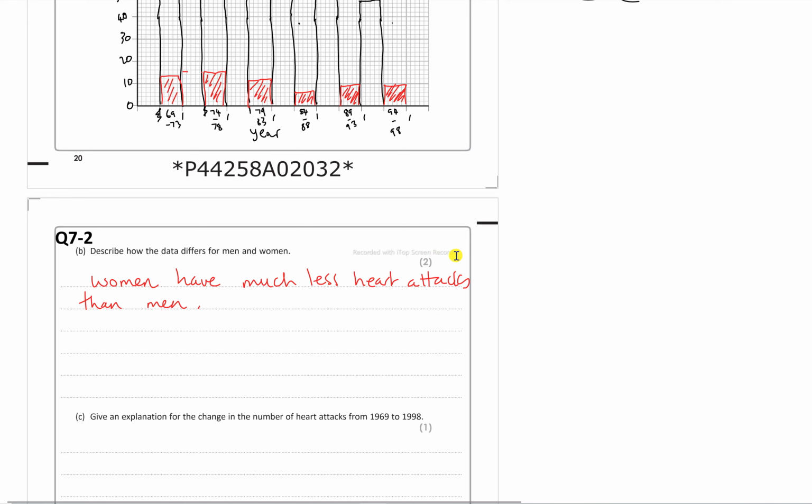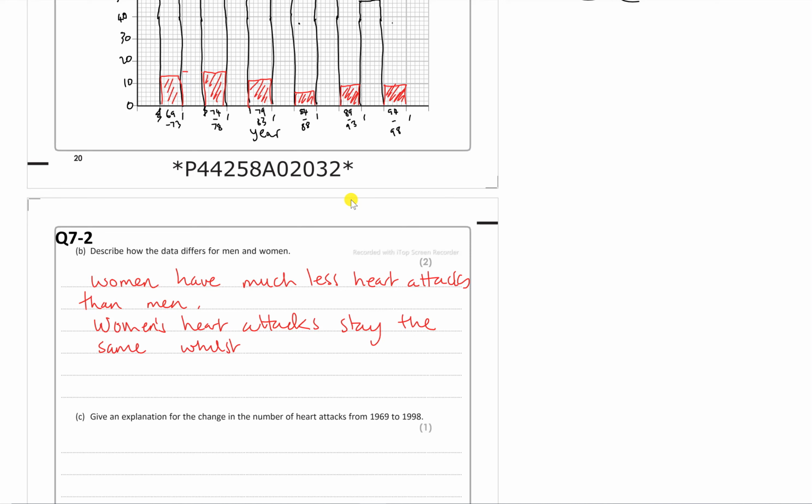Right, and we're gonna say that men's heart attacks went up and then they went down, and the women stayed pretty much the same. And you can then say women's heart attacks stayed the same, similar, right?